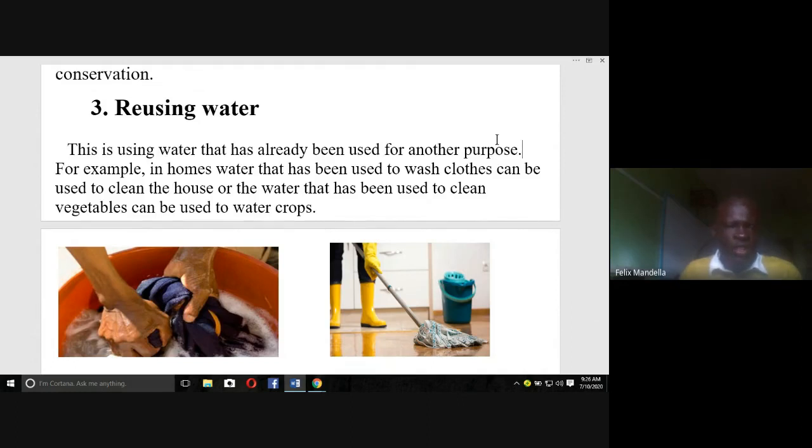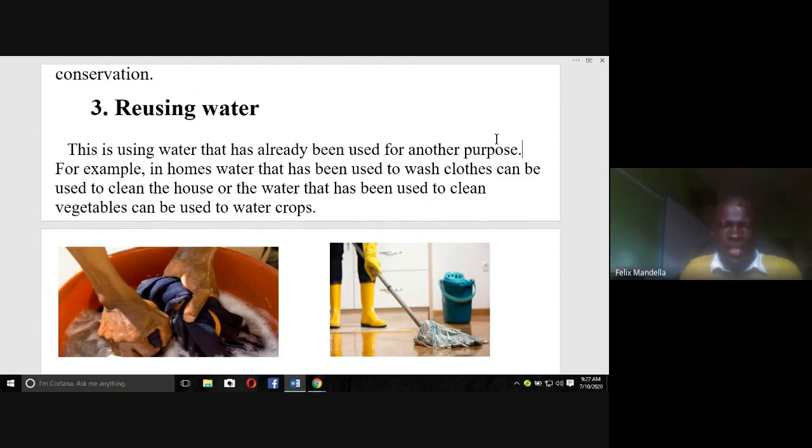It is just used directly without treating. Or the water that has been used to clean vegetables can be used to water crops. After cleaning your vegetable, your fruits, your greens, the water that you have used to clean those veggies, you can use to water crops. You can use that water to water even flowers.